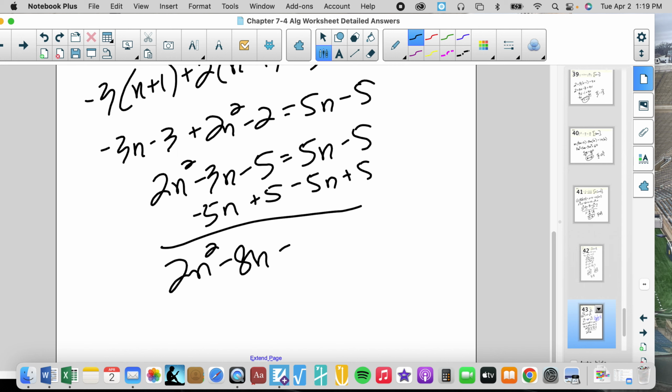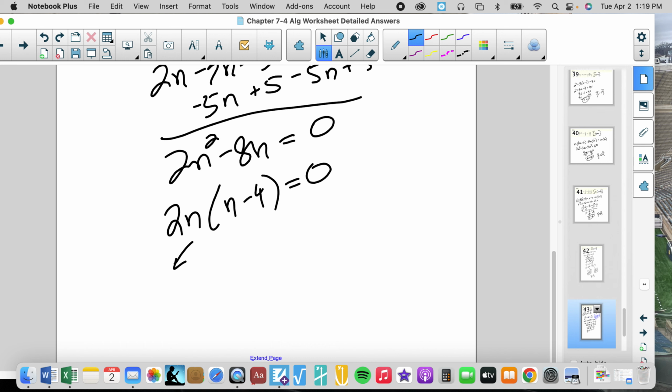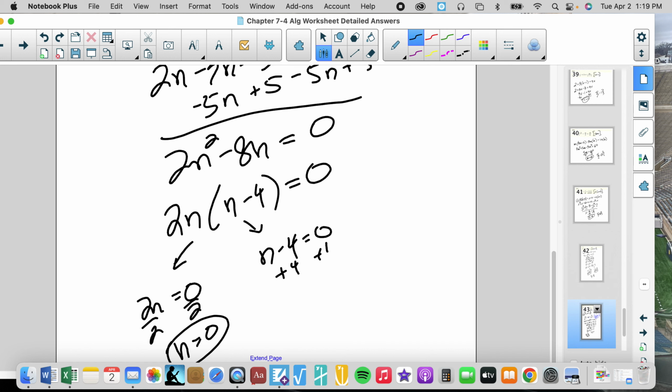Ooh, I like that. Equals 0. Factor out a 2n. That's a new one. I like that. Now we set each one equal to 0. 2n equals 0. n minus 4 equals 0. Divide by 2. n still equals 0. Add 4. n equals 4.